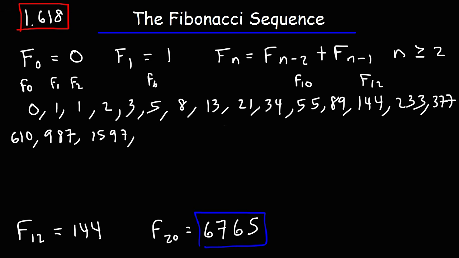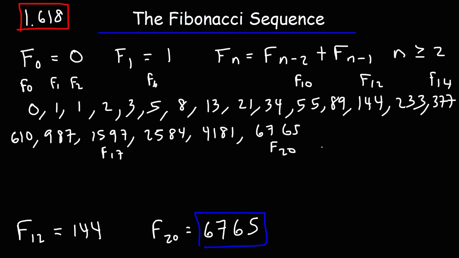And then adding that to 987, that's 2584. And then 1597 plus 2584, that's 4181. And then 4181 plus 2584, that gives us 6765. This is F sub 14, F 17, and this is F 20. And so we can see that this answer is indeed correct.